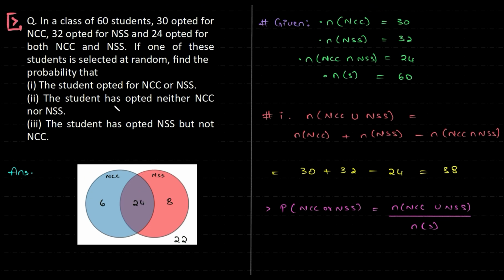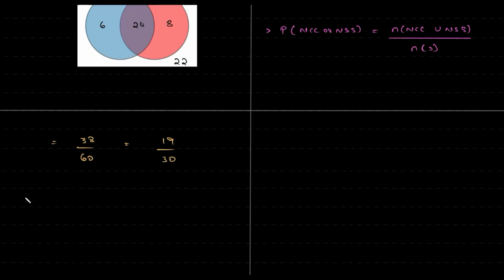Okay, next, student has opted neither NCC nor NSS. Since we have found this, finding this won't be difficult. Actually, we have the answer already, but we will directly find the probability. Let's not go through finding the number of people and so on, because it'll just waste our time. So we are looking at the second question. Probability that it's neither this nor that.